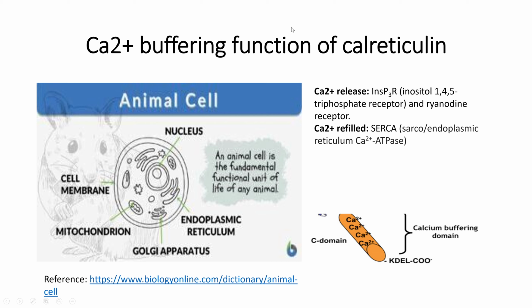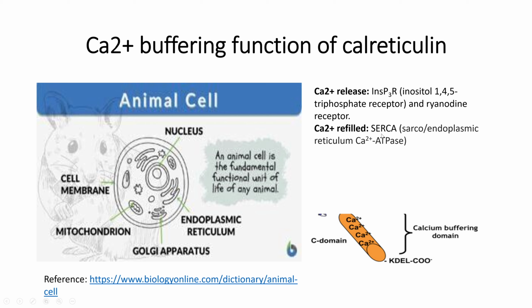Once the Ca2+ is released, it is essential to refill that Ca2+ for future events. That is done by the SERCA process. We will discuss the SERCA process in another video.